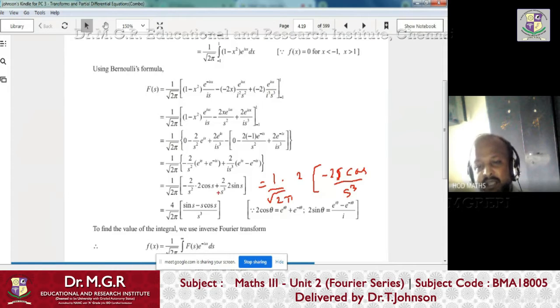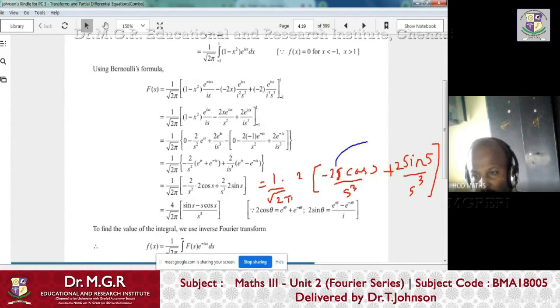Because originally it is only s square, but I multiply and divide one more s, so it becomes minus 2s cos s by s cube plus sin s by s cube. Plus 2 sin s by s cube is already there, right? So now I take these two outside.